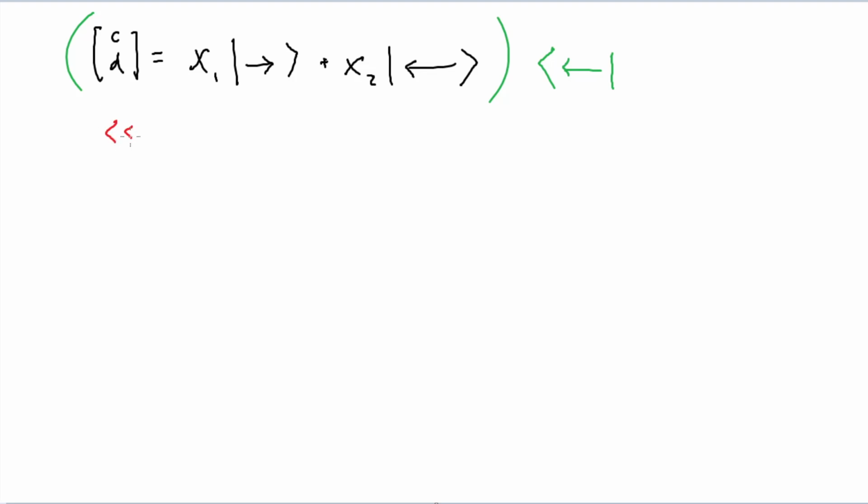This ends up being CD times this bra vector, which is equal to x1 plus x2 times this opposite direction.